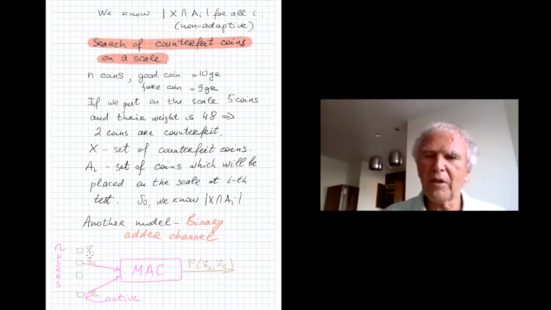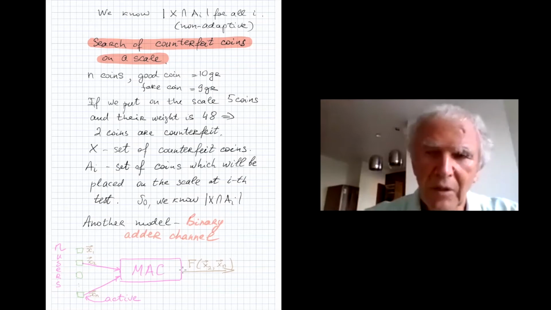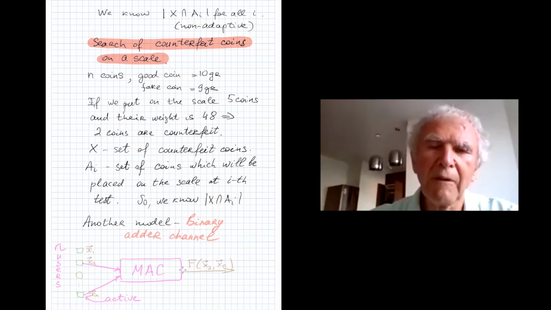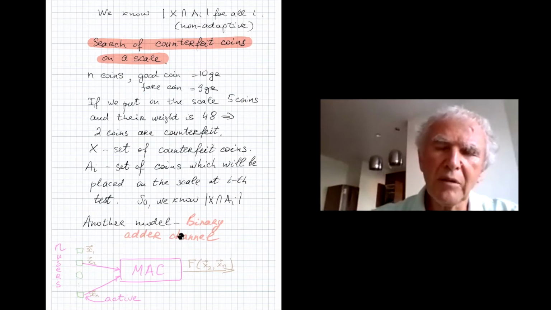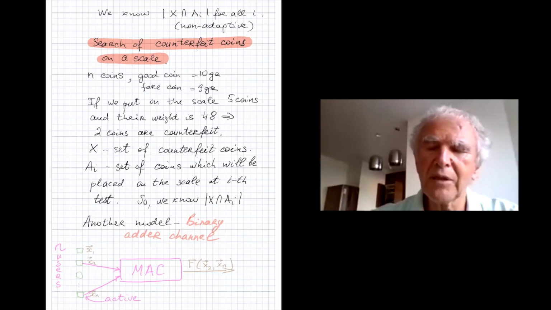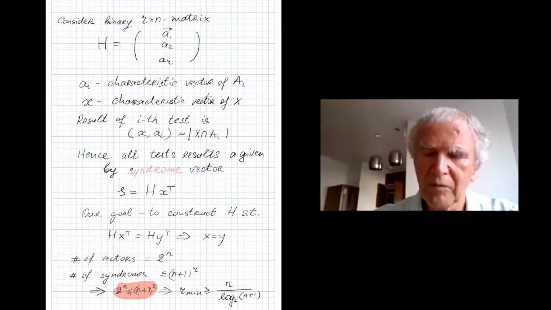And now, finally, let's go to a more mathematically effective way of representing this problem. Consider a binary r times n matrix H, and rows a1, a2, ..., ar are, in fact, the characteristic vectors of our testing sets Ai.